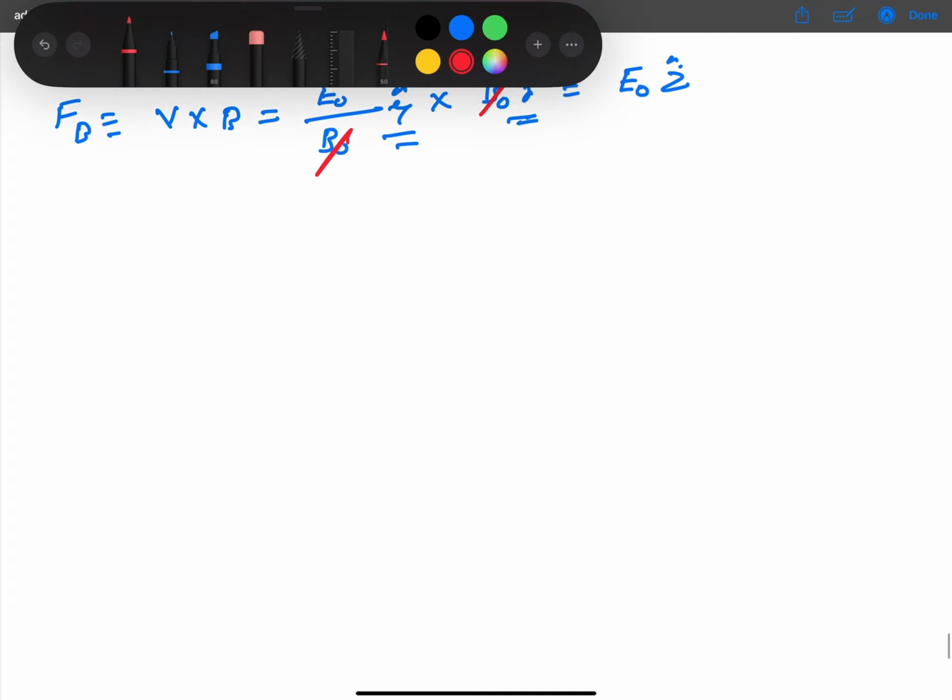Therefore the total force F is equal to, we have charge as minus E, our electric field, force is E naught x unit vector.